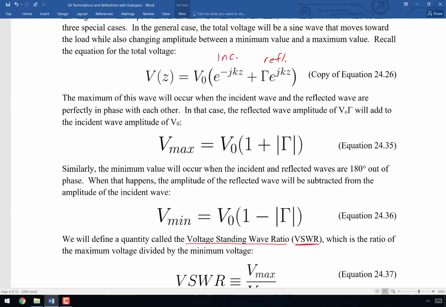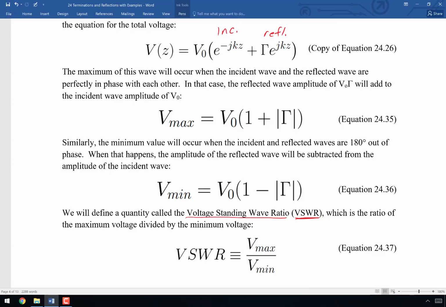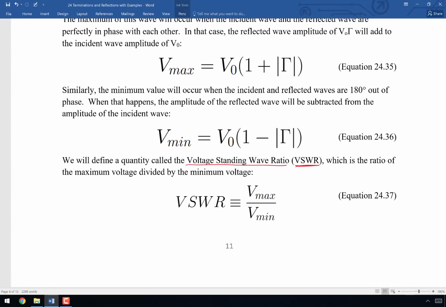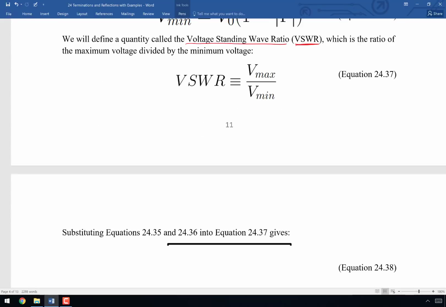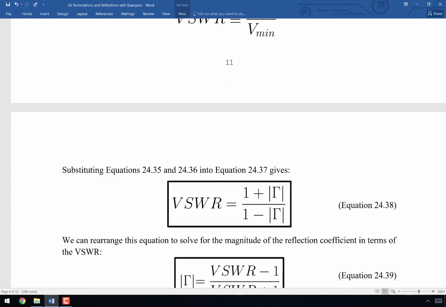It's always pronounced VSWR. So if you say it the other way, you'll sound like an amateur. So the VSWR is the Vmax divided by the Vmin. And if we just take our two expressions, 24.35 and 24.36, and we plug them into 24.37, then we end up with an expression for the VSWR in terms of the reflection coefficient.